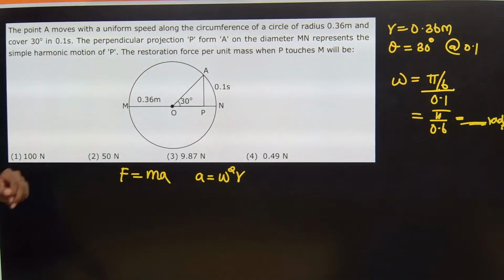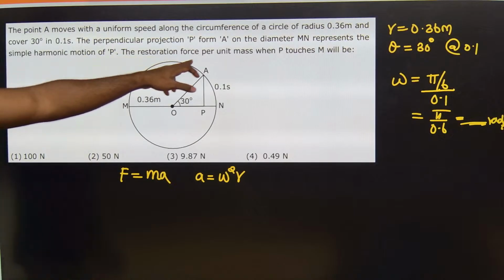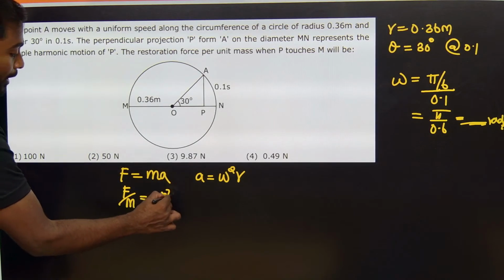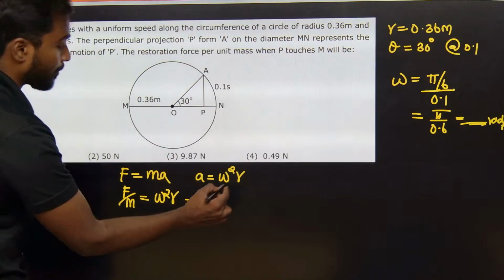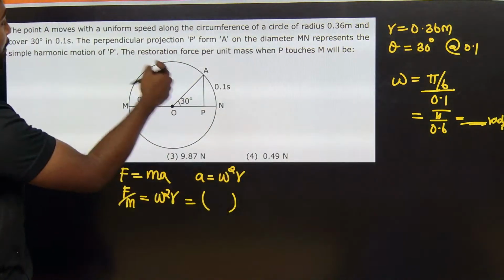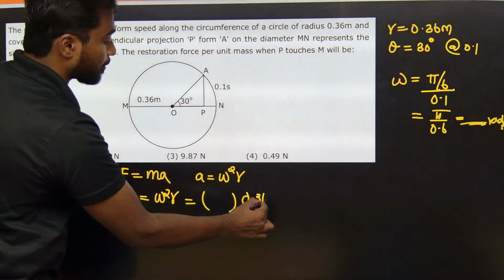Now they are asking for force per unit mass. So force divided by mass should be equal to omega square r. Only this they are asking. What will be the answer? I need to take omega square into r. What is r here? It is 0.36 meter.